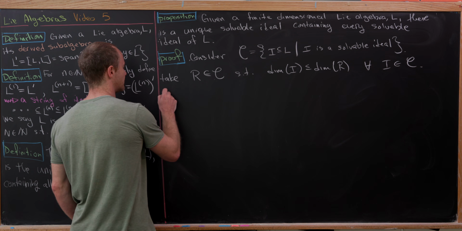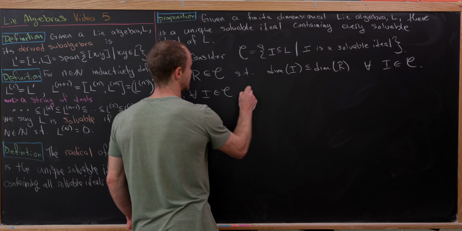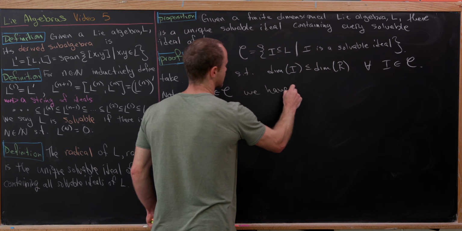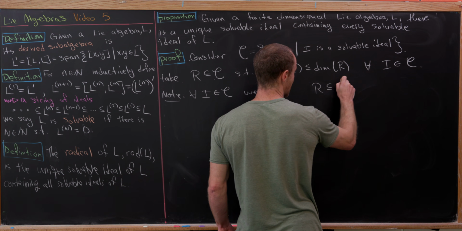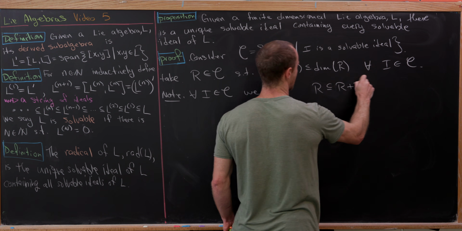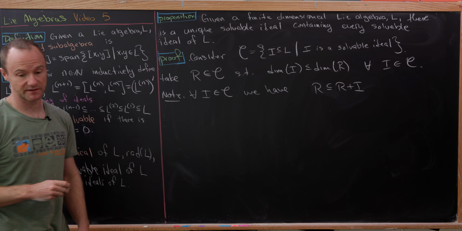So next up, let's notice for all I in C, we have the following. R is a subspace of R plus I. So that's just simple vector space stuff.